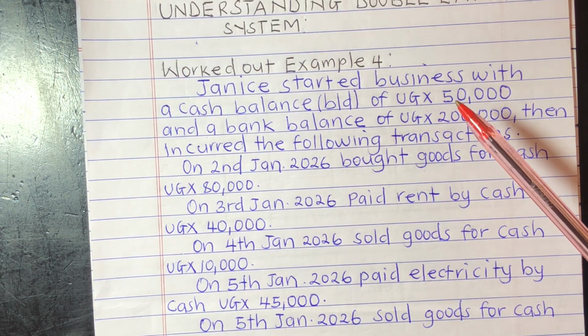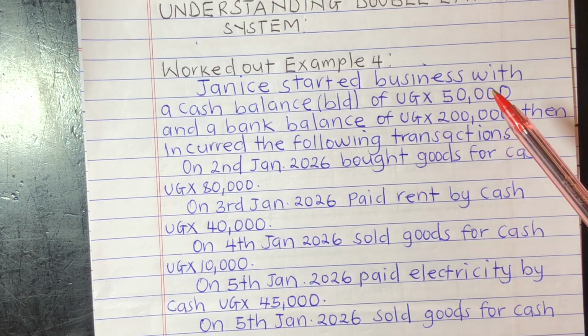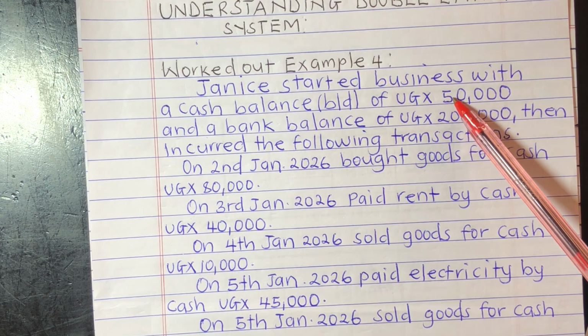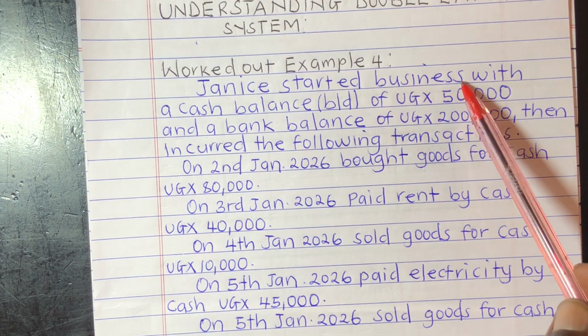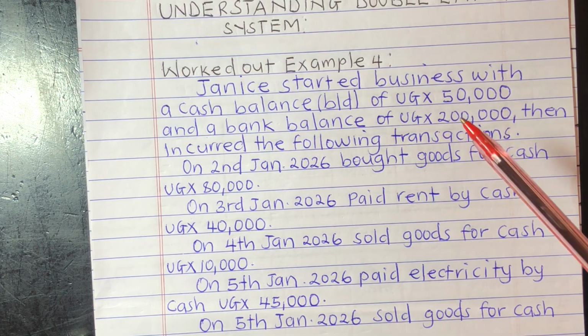This is January, meaning it remained in December 2025. So she had to carry it on into the next year, meaning this was capital. The money we used to start a business. From this question, she started business with a cash balance, meaning UGX 50,000 was in cash and then the 200,000 was in the bank.